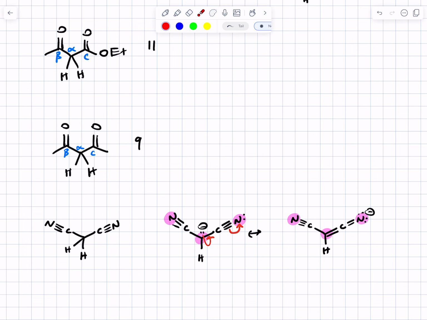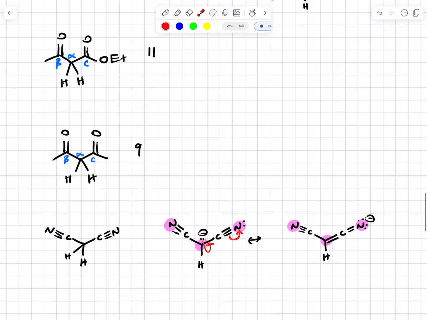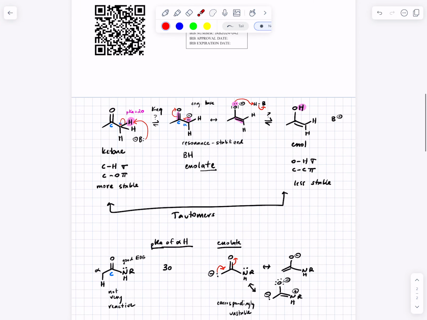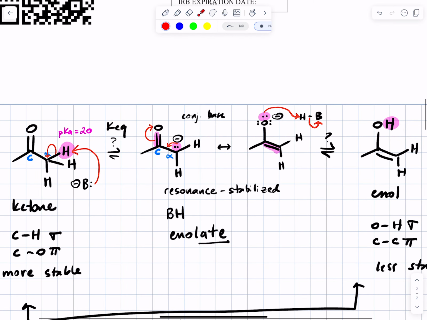All right, now you're going to use that pKa information to make some predictions about the position of an equilibrium between a ketone or a carbonyl compound and an enolate as a function of what base we're using.